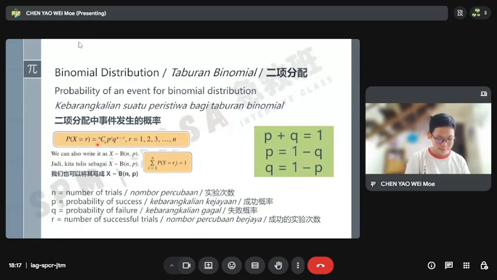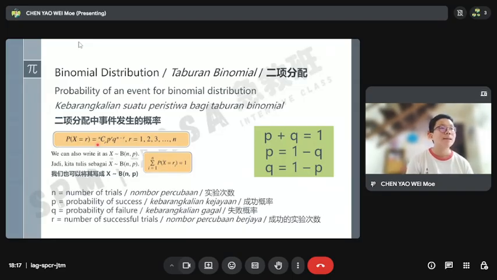It means in n number of trials, I choose r trials that are successful, and p is the probability of success. R is the number of successful trials, and q is the probability of failure, and n minus r. So r must equal 1, 2, 3 until the last one, and the whole thing will equal 1.